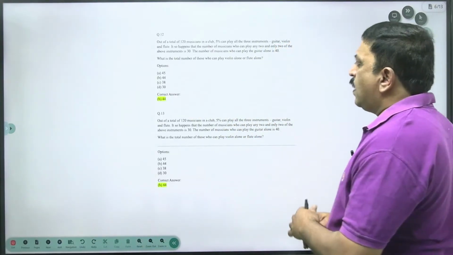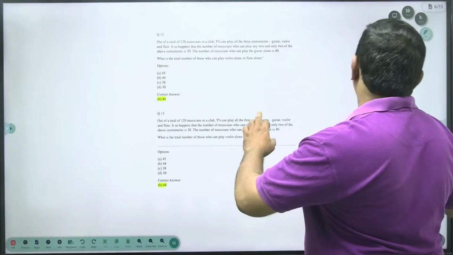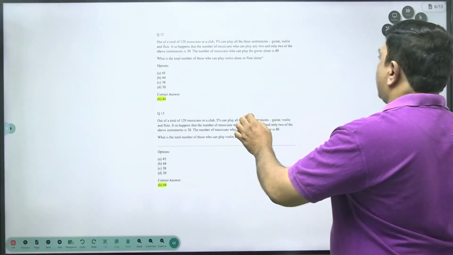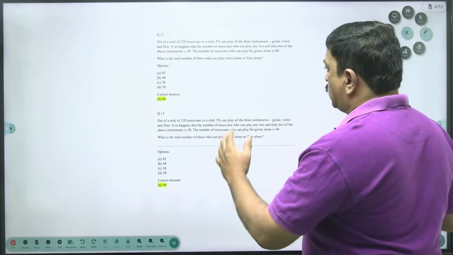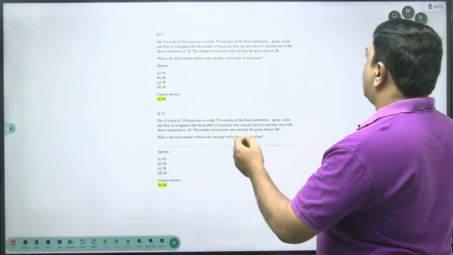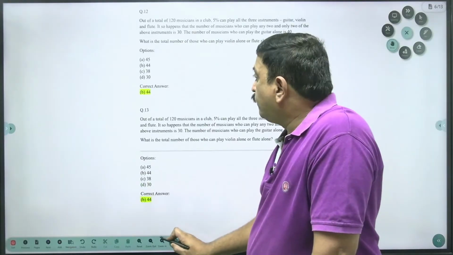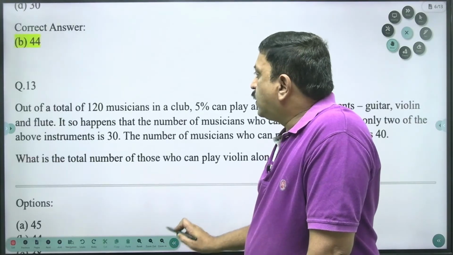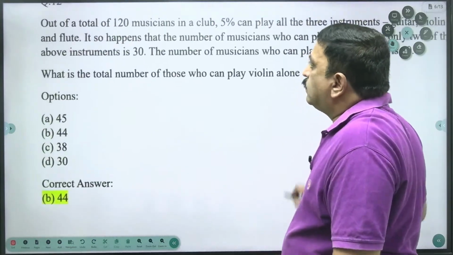Now, this is 12 and 13. Actually, these questions are repeated by mistake, so we will give answers and you can get the score, no doubt. 12 and 13 are both one and the same.